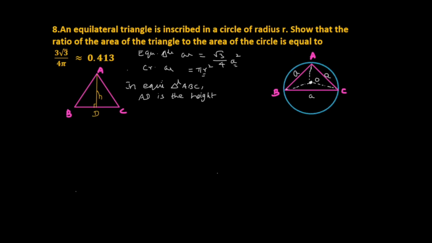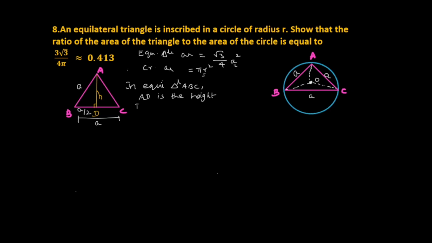As well, AD is the median. First we are going to consider this as the height and find what the height is. BC is a, and D is the midpoint, so BD is a by 2.